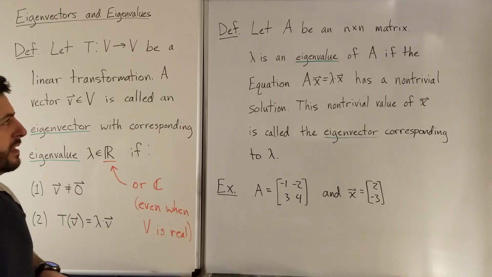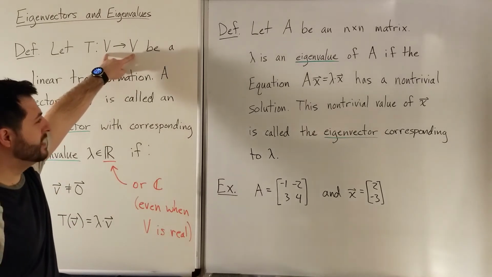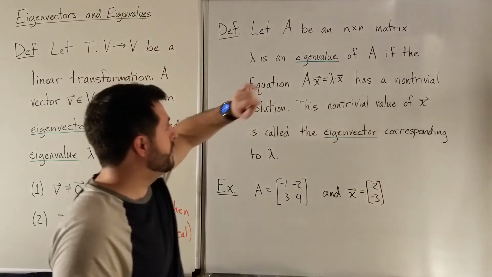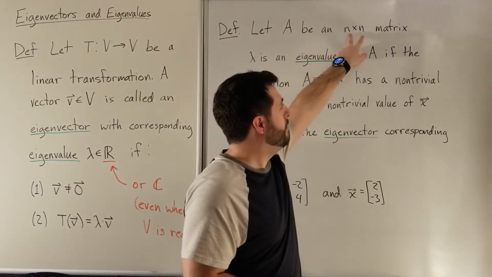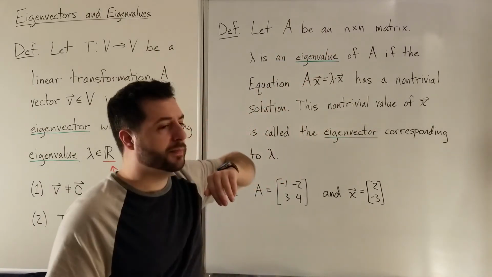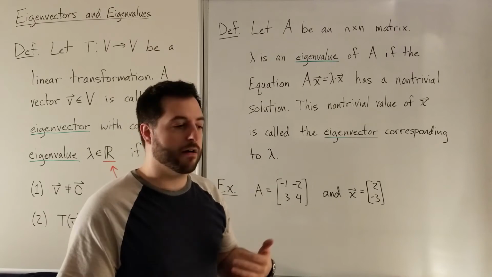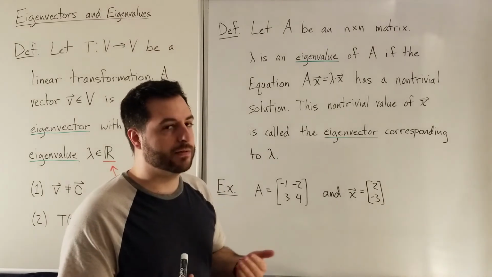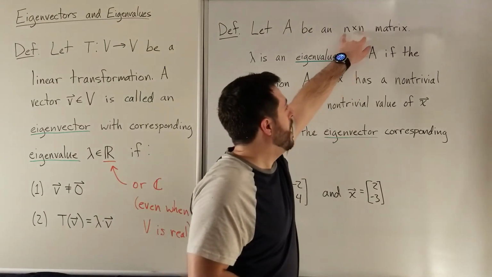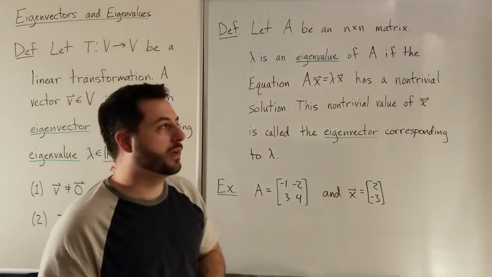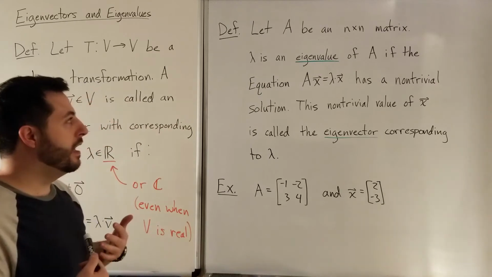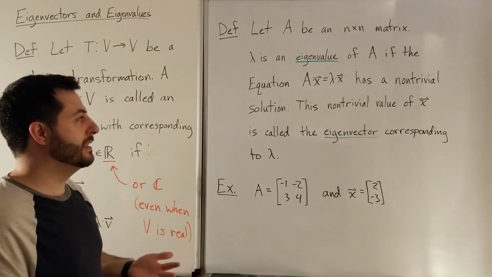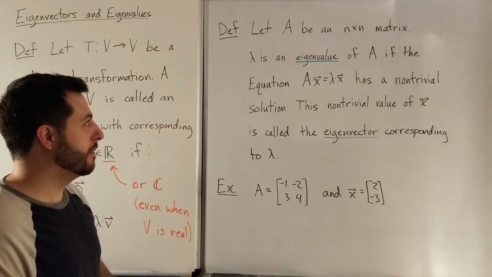So recall that these two vector spaces need to be the same, and in terms of what that means for a matrix, because matrices correspond to transformations between Rn and Rm, saying that those two are the same is the same thing as saying that n is equal to m. So the number of rows has to be equal to the number of columns in order for it to make sense to talk about what it means for it to have an eigenvalue.